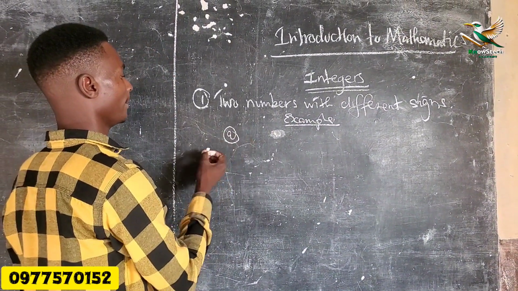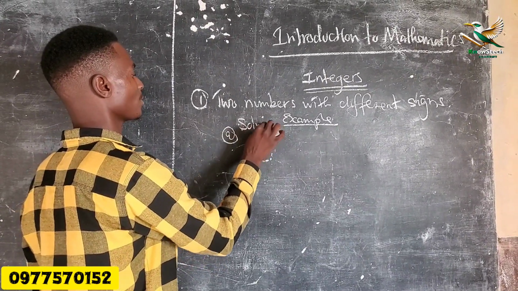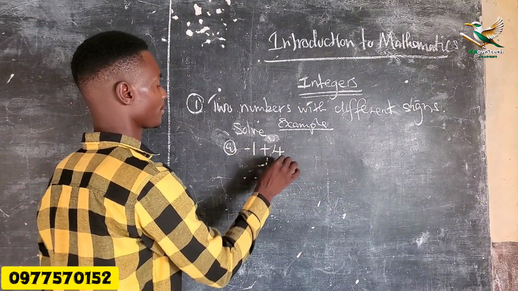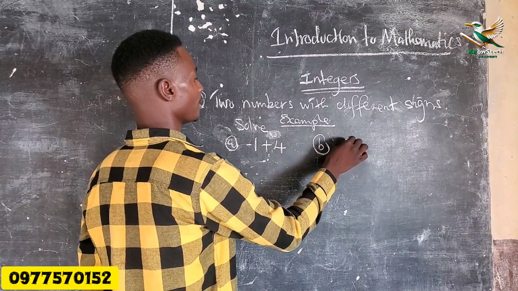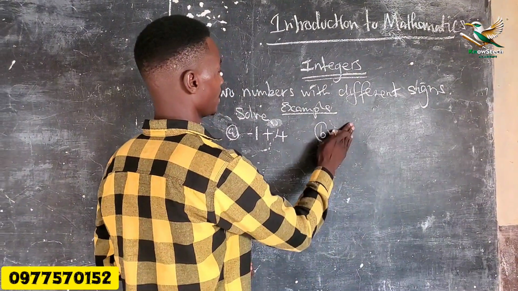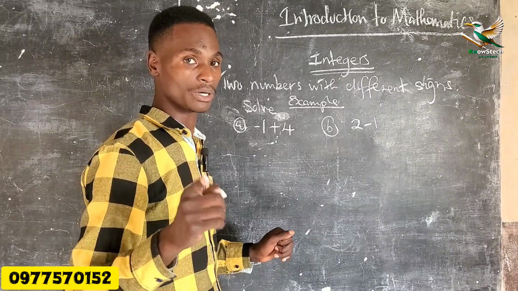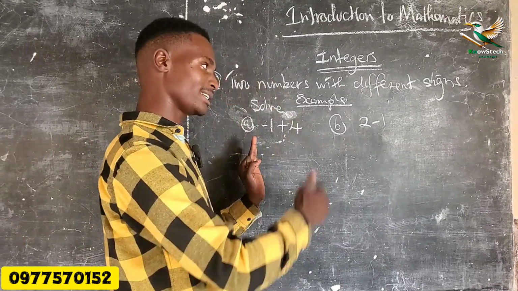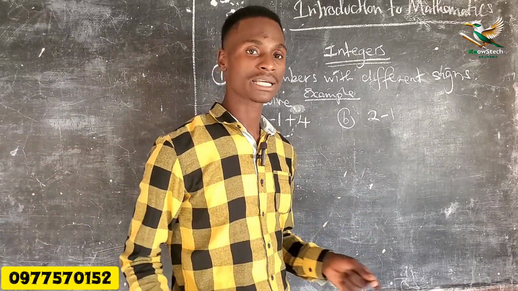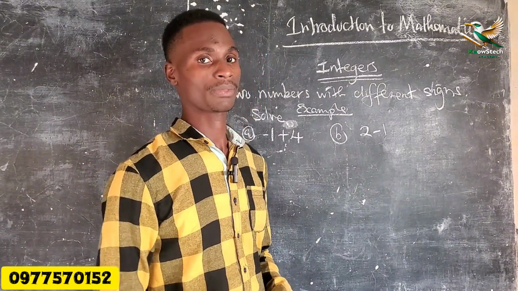Example A, let's say add or solve: -1 plus 4. B: 1 minus 1 is 0. Something like that, or 2 minus 1. This is very basic, but it's very important, because we apply it everywhere: in algebra, indices, calculus, matrices, coordinate geometry, in most of the topics. So you must know it for you to love mathematics.